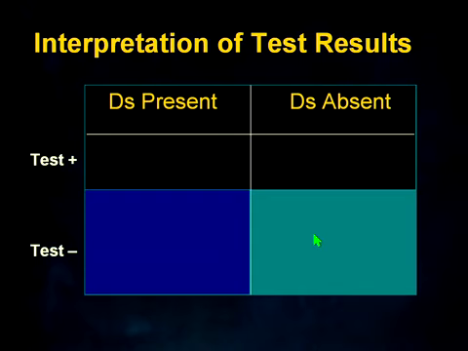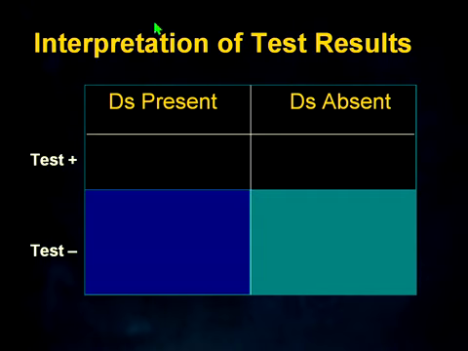The next thing you need to know, and this is where people get confused, is what we use for sensitivity and specificity versus what we use for positive predictive value and negative predictive value. All you need to remember is that for sensitivity, we use the first column.